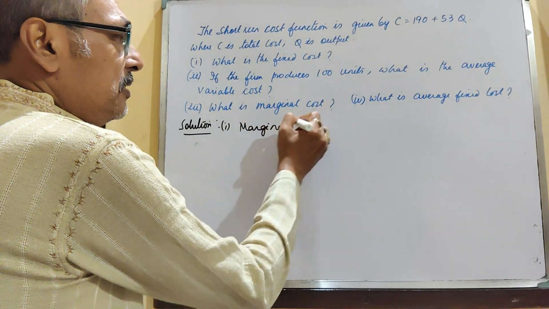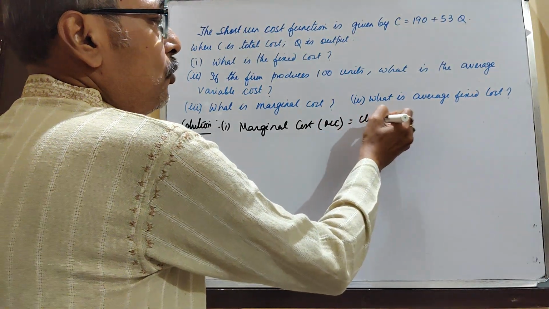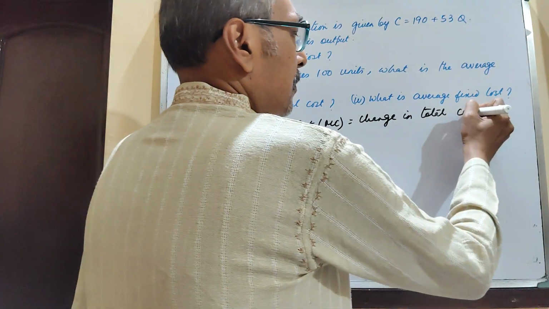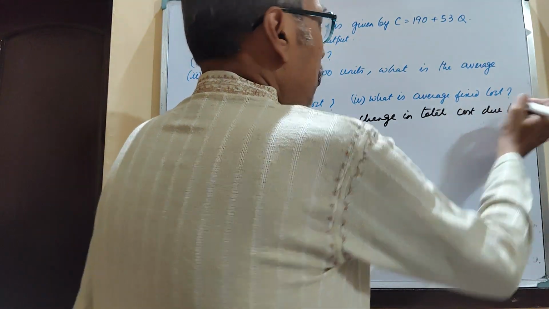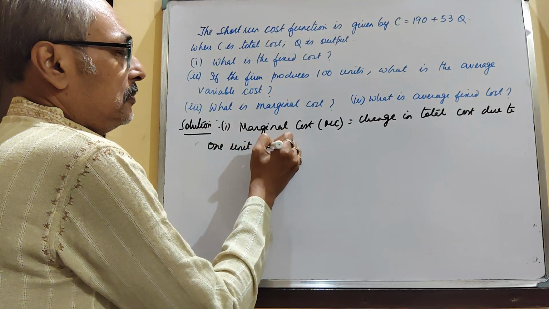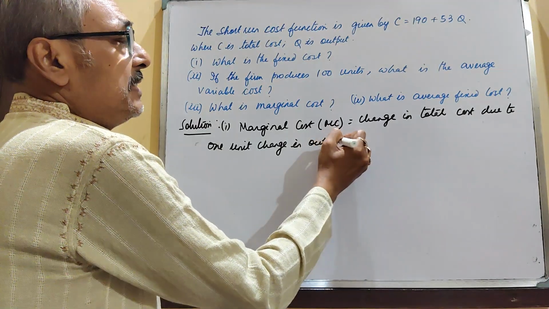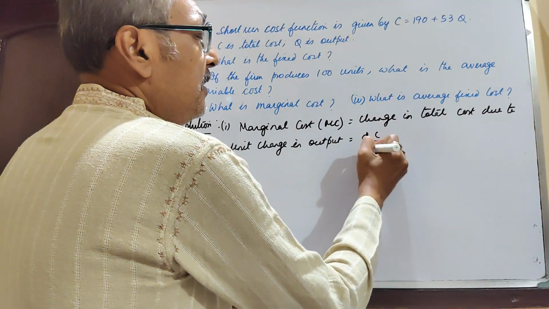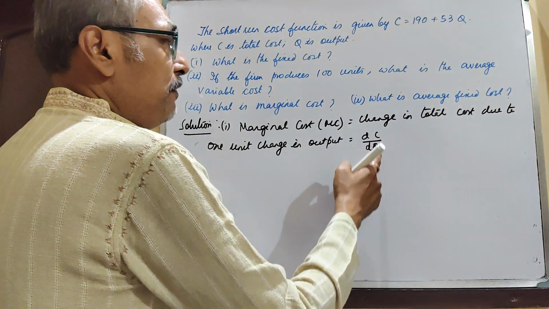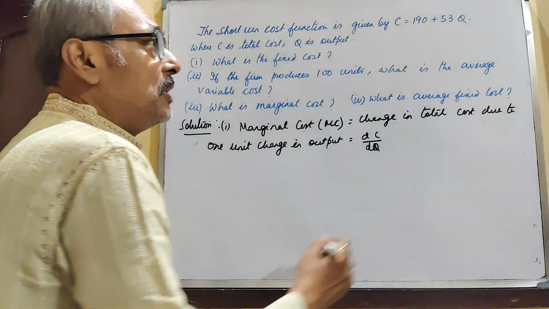Marginal cost, denoted by MC, is the change in total cost due to 1 unit change in output. This is basically dC by dQ, the first order differentiation of the total cost. If we differentiate the total cost with respect to output, we get marginal cost.